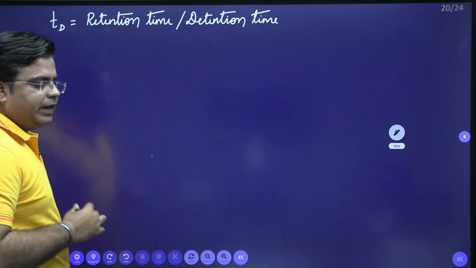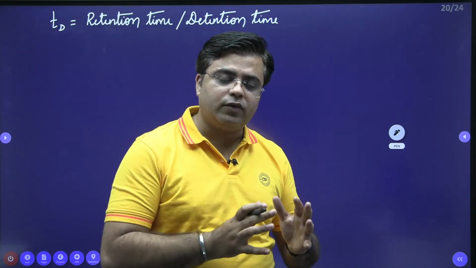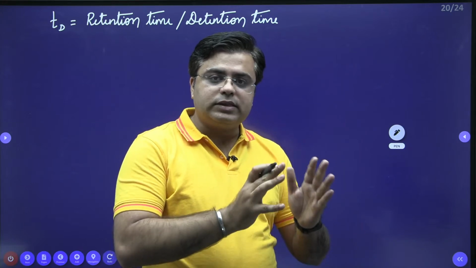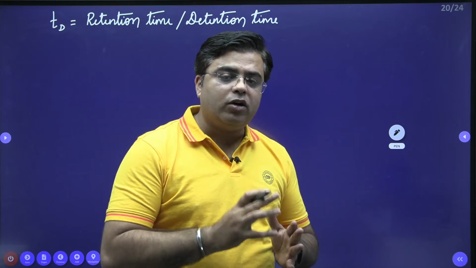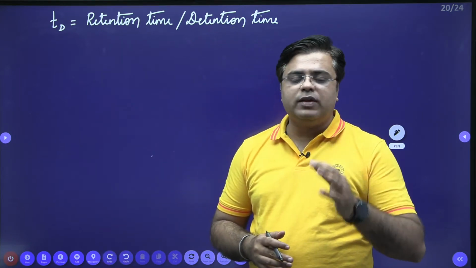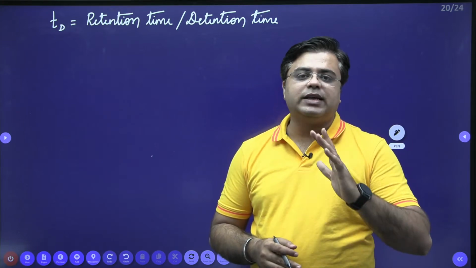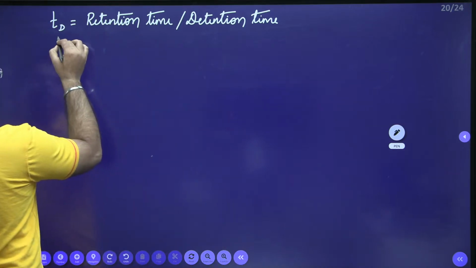This Td simply tells us by how much time water is staying inside the sedimentation tank. Td also tells us how much time is available with the solids to settle inside the sedimentation tank.